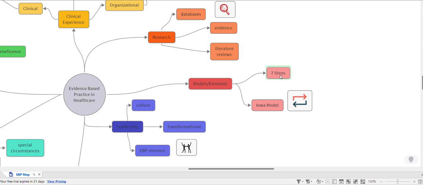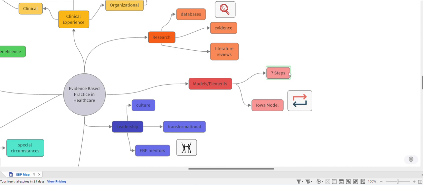So step 0 is to cultivate a spirit of inquiry. Step 1 is formulating your clinical PICOT question, where P stands for patient population, I is intervention or issue, C is comparison or intervention group, O stands for outcome, and T stands for time frame.